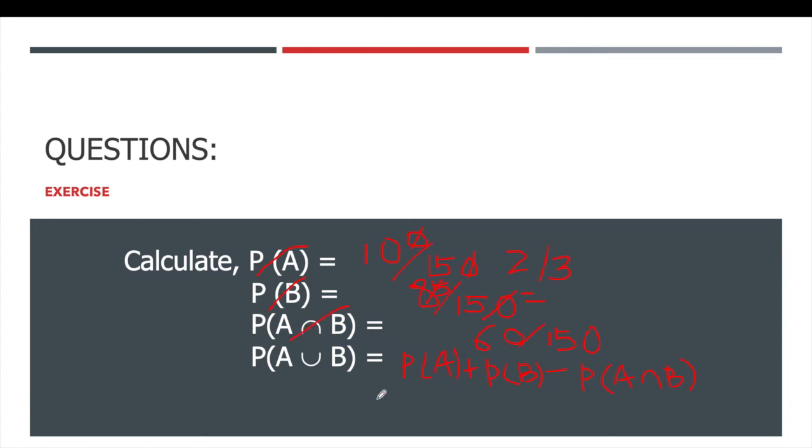So just put all the values over here: 100 per 150 plus 85 per 150 minus 60 per 150. So you're going to get the answer.